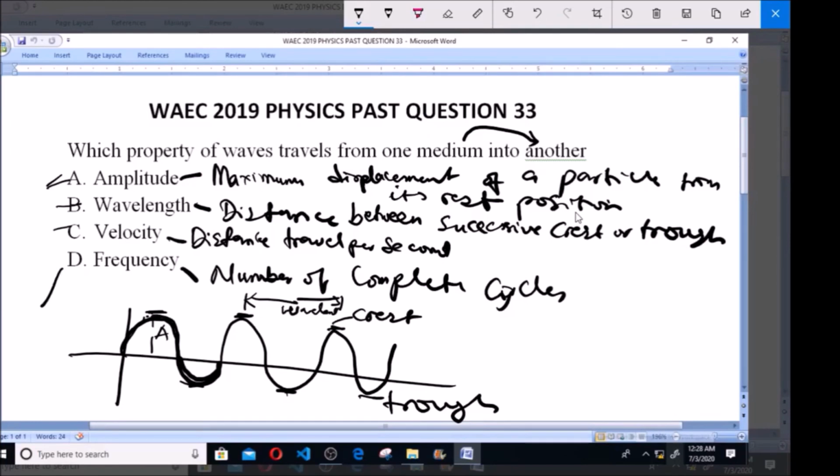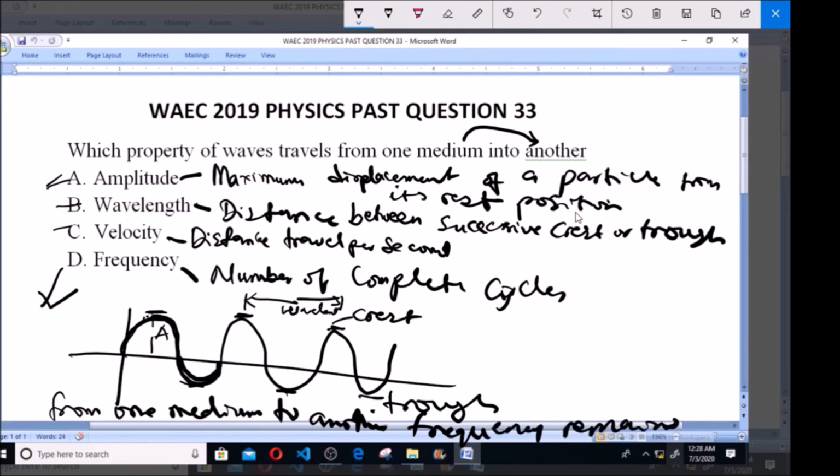But the frequency actually remains. So it never changes. So when there is movement from one medium to another, the frequency remains. So that makes option D the right answer.